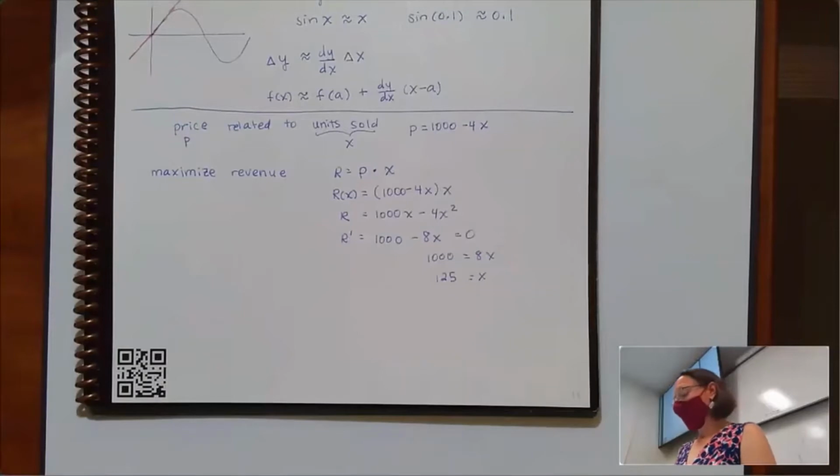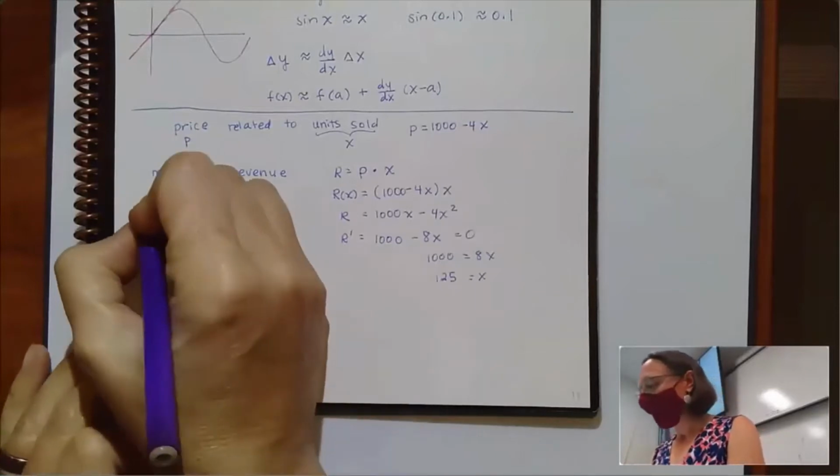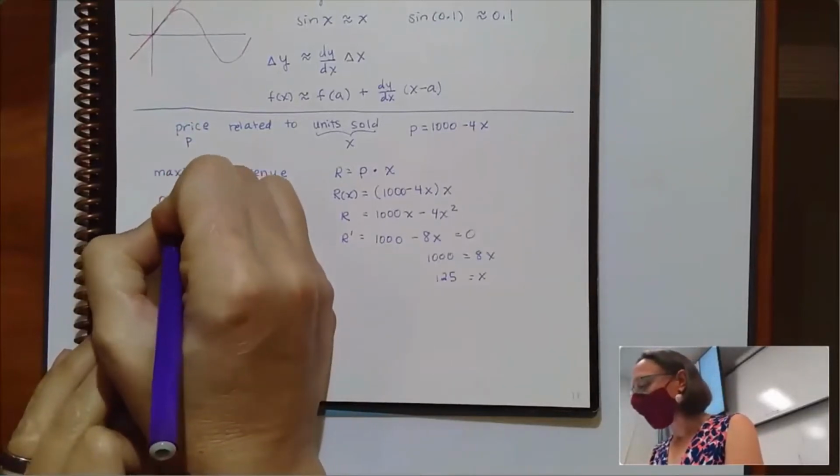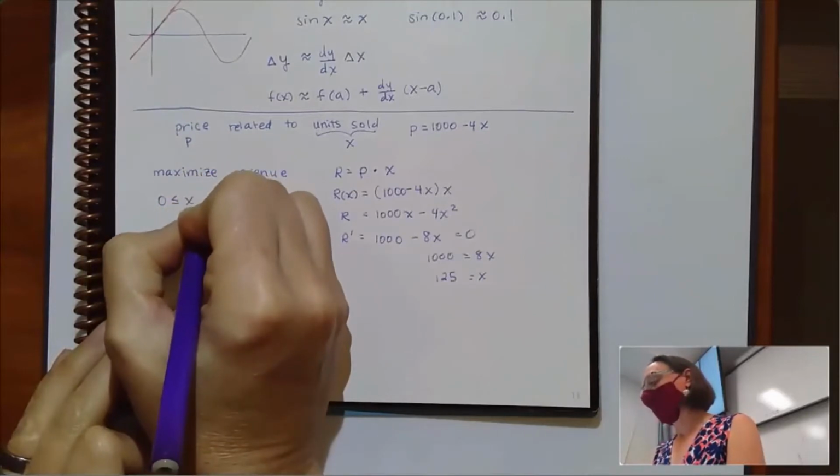So unlike rectangles, where I was making the argument that the rectangle doesn't exist when one of the sides is 0, I'm going to go with we could sell none, right? That is a possible outcome, probably a terrible business venture, but it could happen. So my lower bound is certainly that X could be 0.